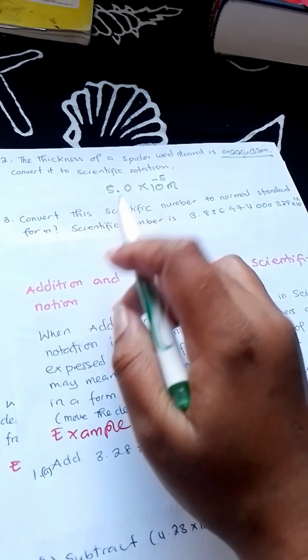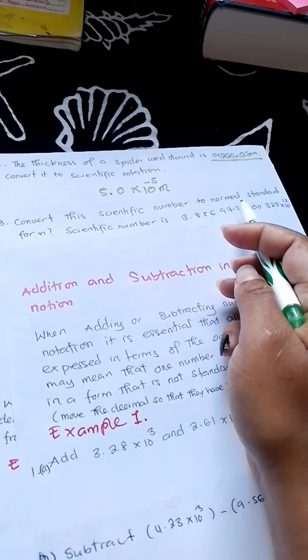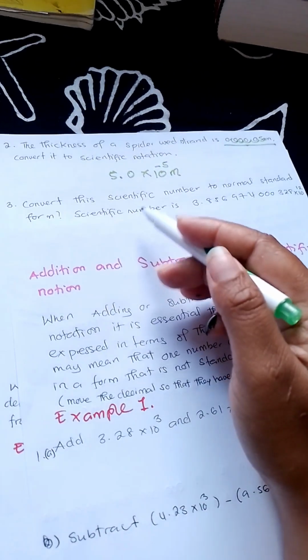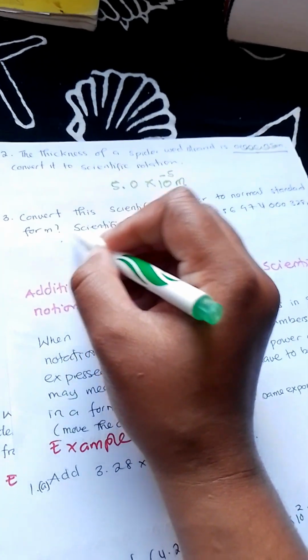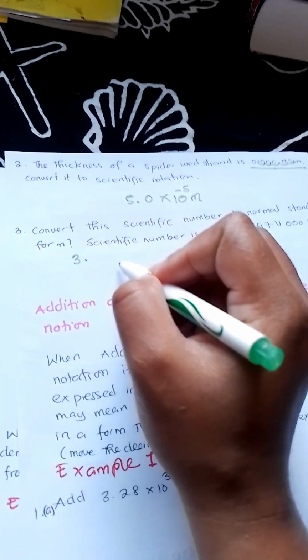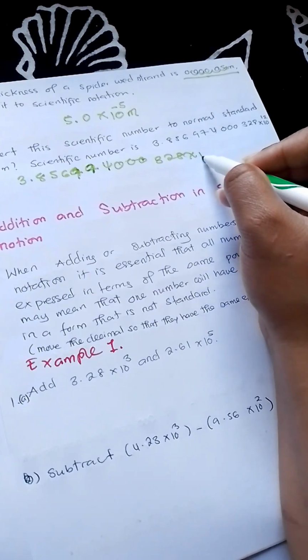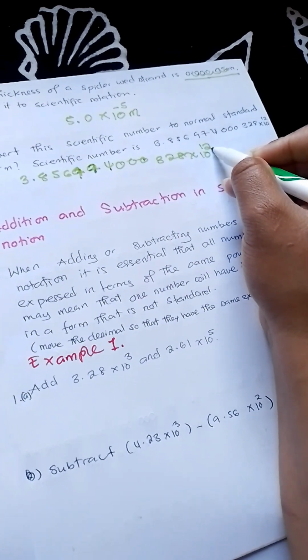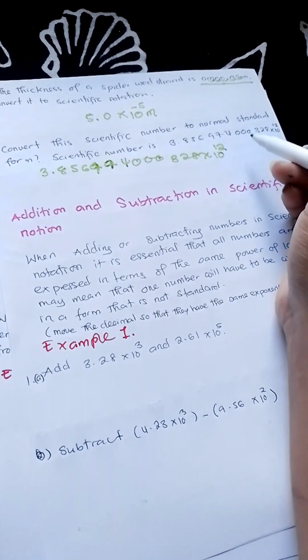Third example: convert the scientific number to normal standard form. The scientific number is 3.85 times 10 to the power of 12, and we are asked to convert this to the normal form.